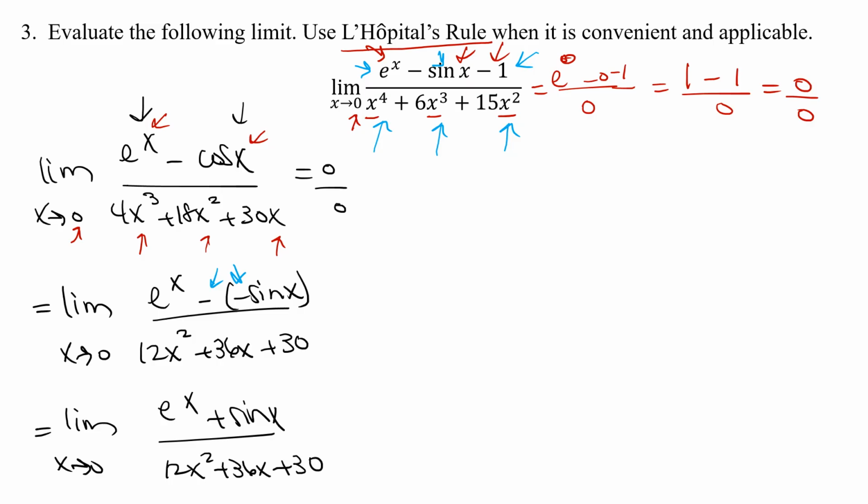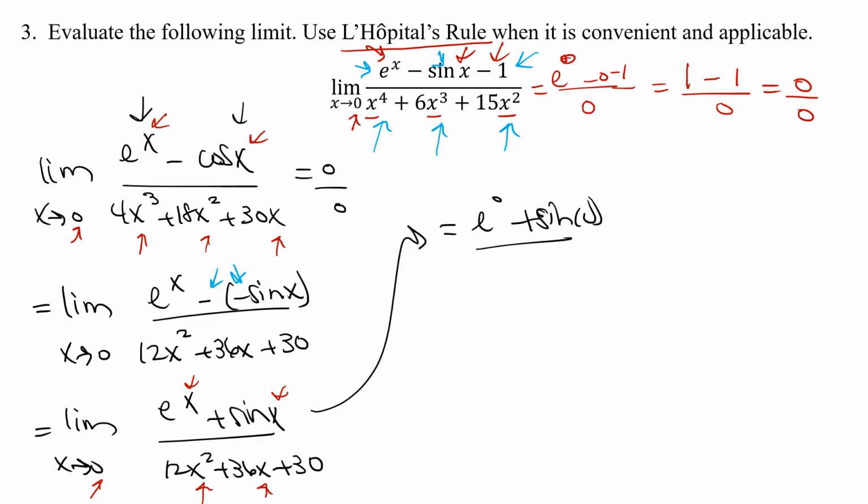All right, so let's see. Are we ready then to apply our direct substitution? So every x we see, let's plug in 0, okay? All right, so what are we going to get? Okay, so e to the 0 up top plus sine of 0, okay? Then, of course, with the 12 and the 36 here, they both have the x, so that's going to be 0 plus 0.